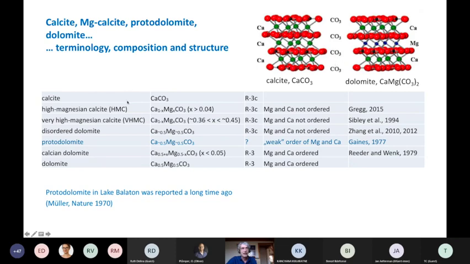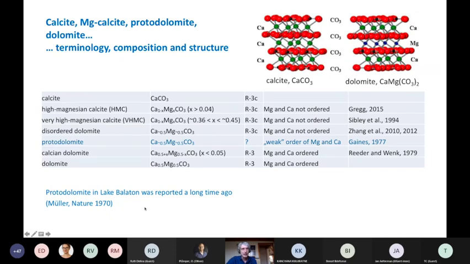And between calcite and dolomite there are lots of phases that go by different names. I just want to point out that this protodolomite can be considered something that has a composition close to that of dolomite, but it's not completely ordered, but it's kind of weakly ordered. But what does that mean exactly?